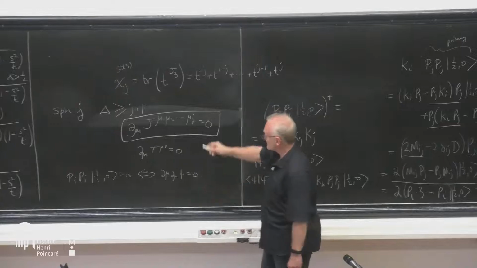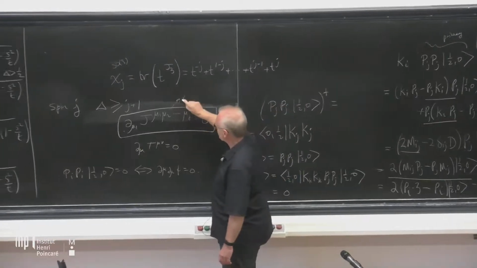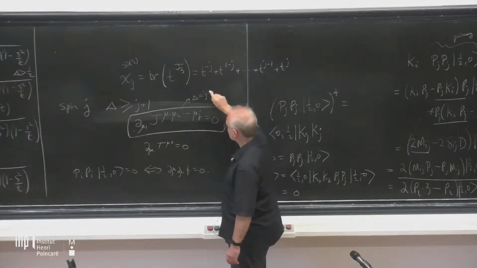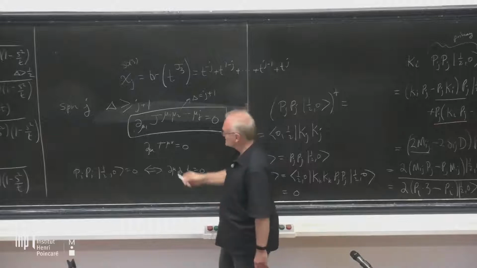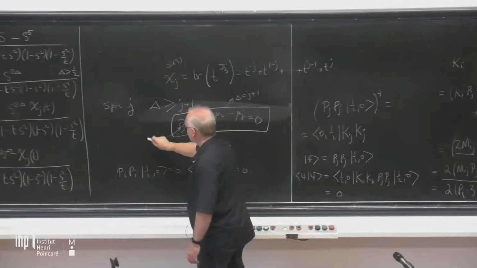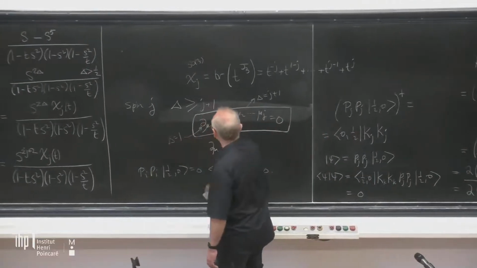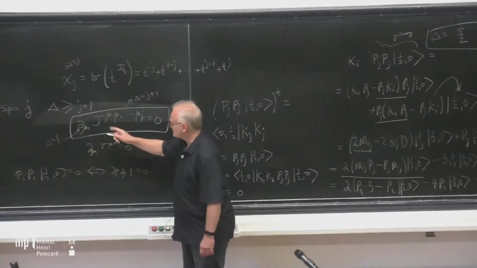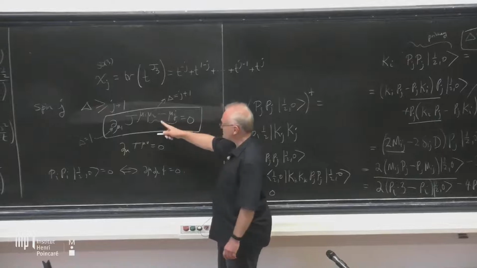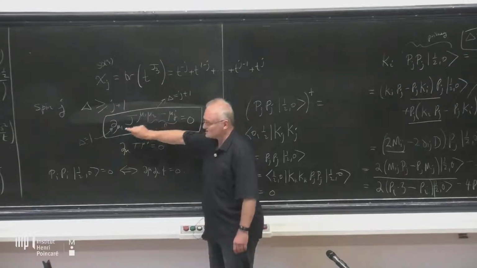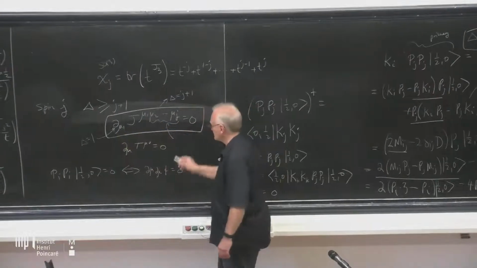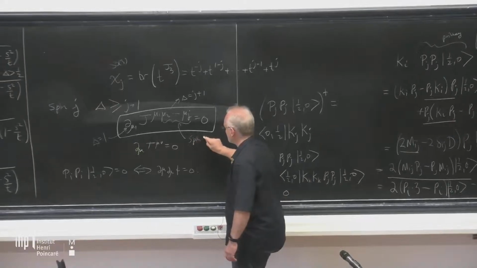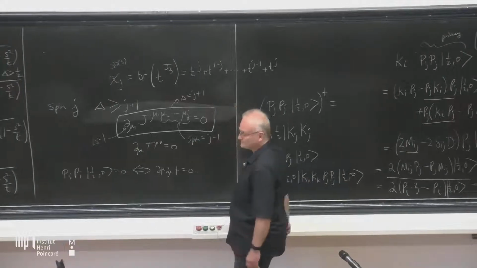What does this look like? This has got dimension j plus 1. This has got dimension 1. And the spin, there are now j minus 1 indices. One index has been contracted. So the spin is j minus 1.